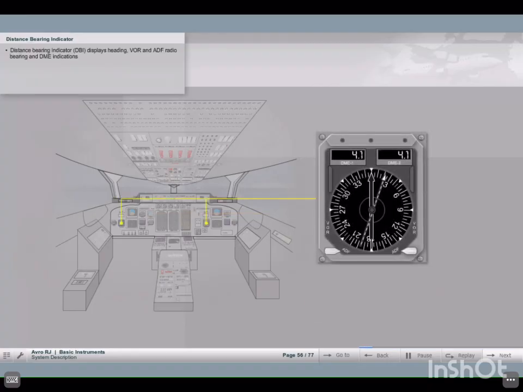Distance bearing indicator. The distance bearing indicator, DBI, displays heading, VOR and ADF radio bearing and DME indications.